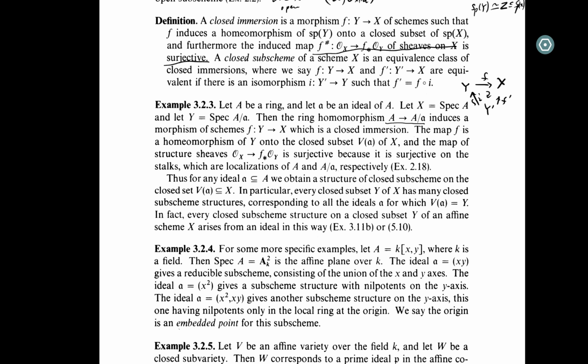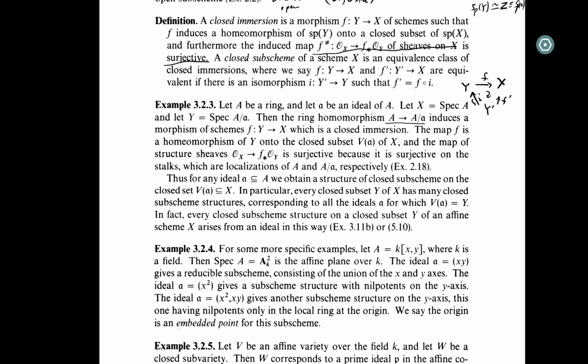So once you give the ring homomorphism, not only on the topological space level do you know how Spec A maps to Spec B, but also on the level of sheaves, how O_Y is mapped to f lower star O_X.